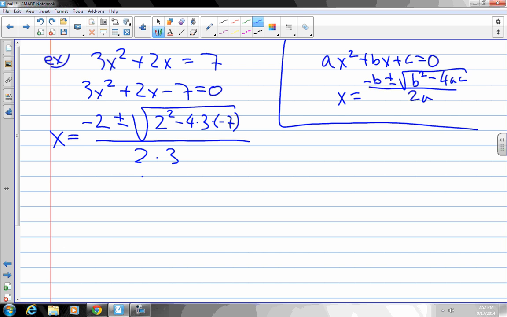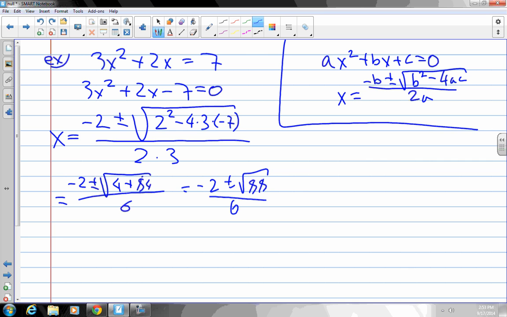So that becomes negative 2 plus or minus the square root of 4 plus, what, 84, over 6. So it's 88 under the radical. So negative 2 plus or minus the square root of 88 over 6.